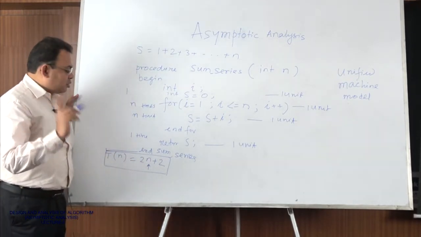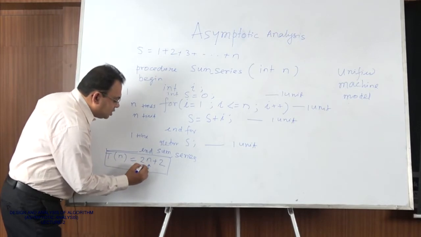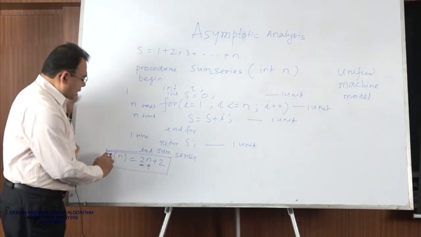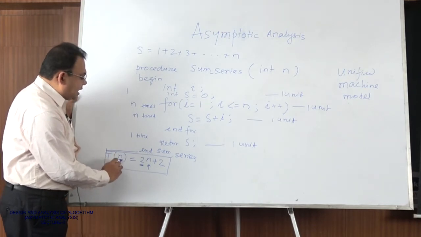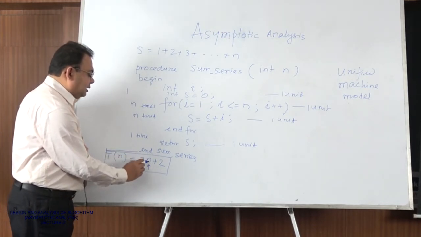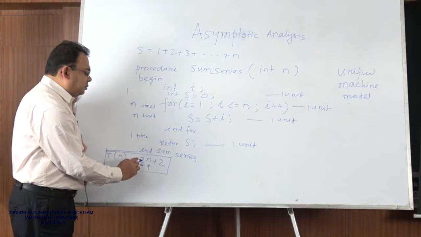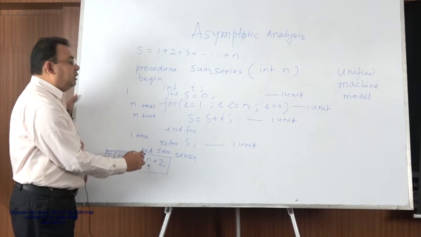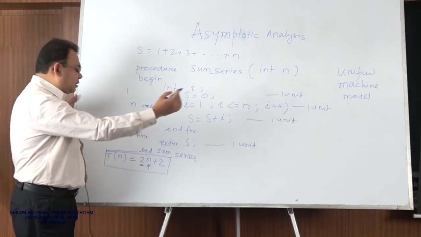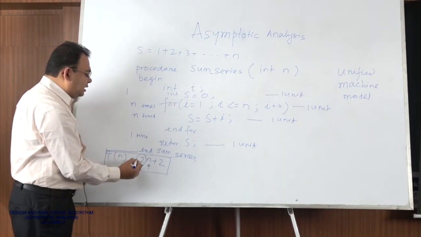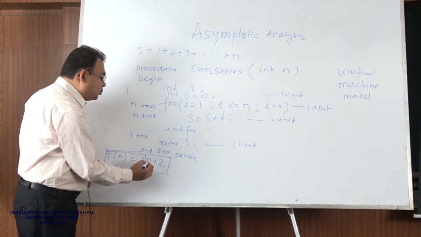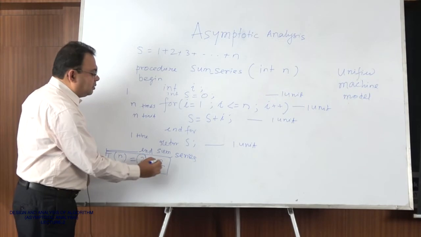Another important thing is that this constant is not important, because the total time depends on n. Why doesn't this 2 matter? Because the unit can be larger for other computers. It is intuitive that the running time is proportional to n, not dependent on this constant.